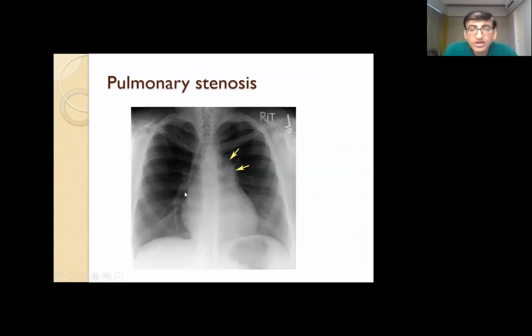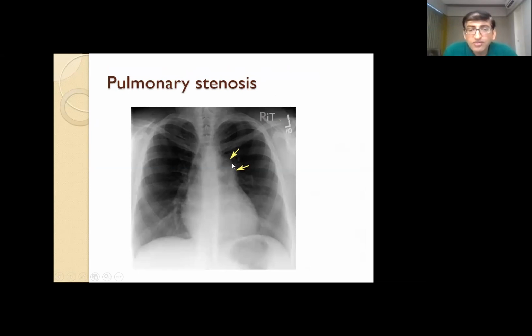So in this particular case, this is the right pulmonary artery. We can hardly see any vascularity in the distal two-thirds of the lung fields. There is marginal or no cardiomegaly, but the main pulmonary artery is significantly dilated.